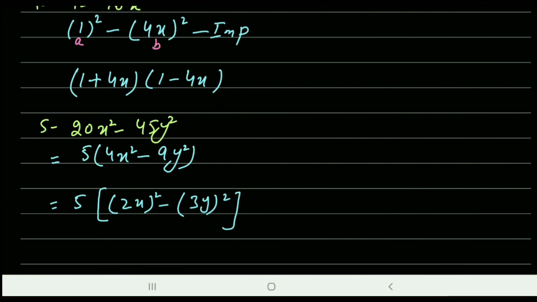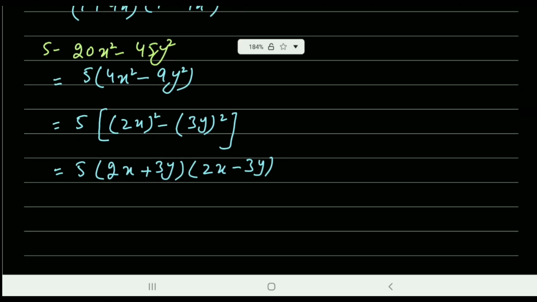So after that we will open it as 5 times (a plus b) and (a minus b). This is the way you have to solve these types of questions.